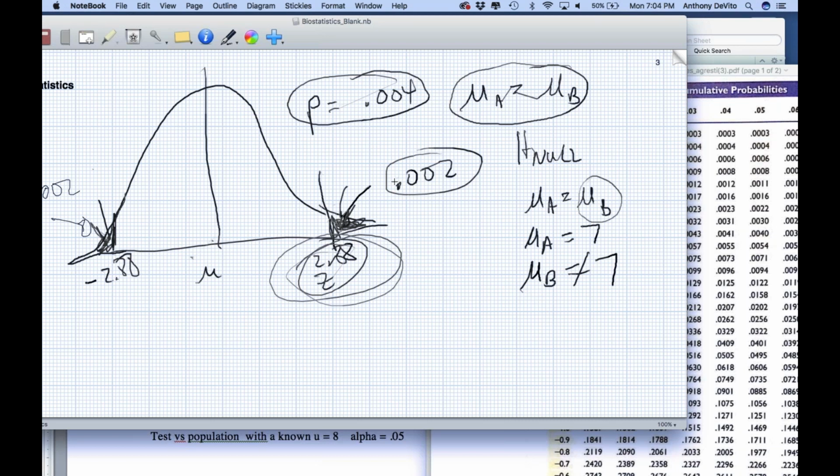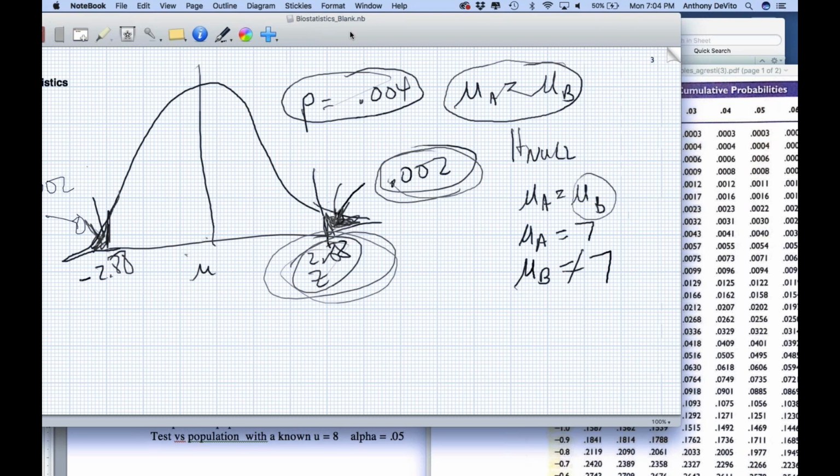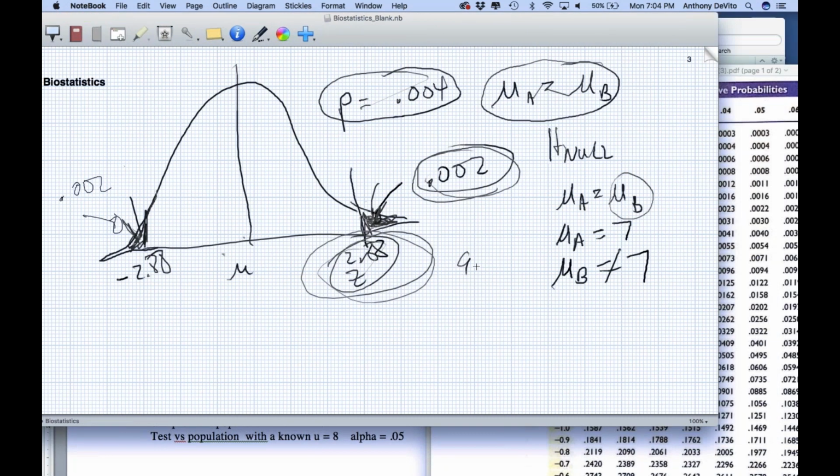Right? So now, with this result, based on the mean that I got, which was 9.88 x bar, from my sample of size 9, how likely is it that this really came from the same population? Well, there's only a 0.4% chance that it came from the same population. So that's the probability I would be wrong if I reject the null hypothesis and accept the alternative hypothesis.